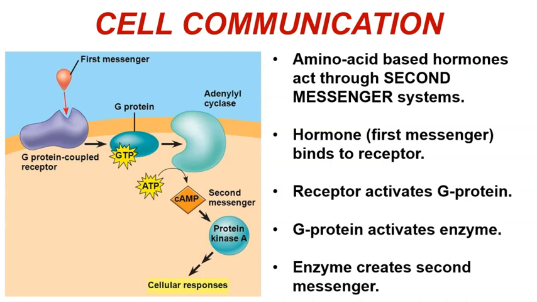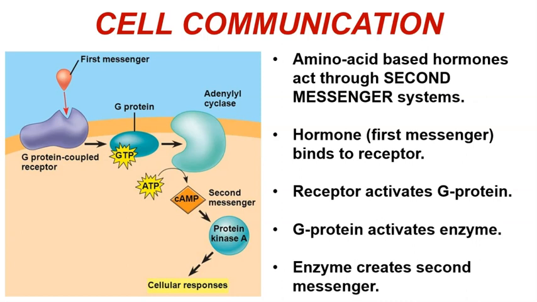An extension of that, showing the extent to which hormones influence cells by way of these receptors, is an example here of what's called a second messenger system. Certain types of hormones, particularly hormones that are amino acid based, will work by binding to receptors on the surface of the cell.